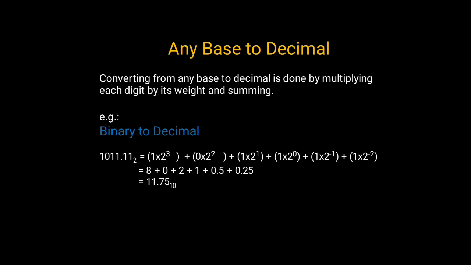See here, 1 is the most significant bit, so its weight is 2 raised to 3. 0, the next bit, its weight is 2 raised to 2, then 2 raised to 1, and then 2 raised to 0.